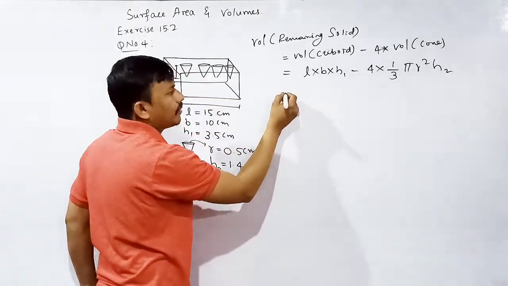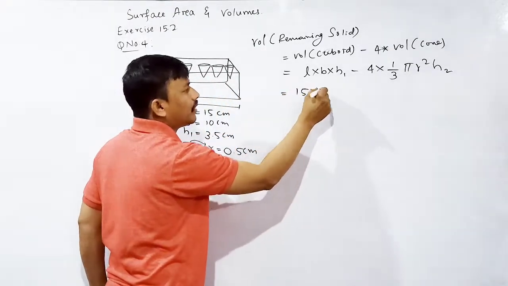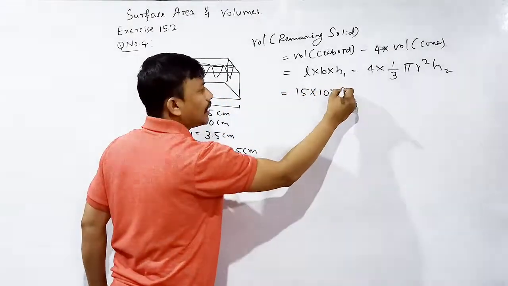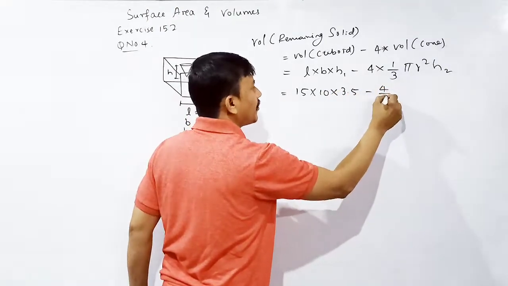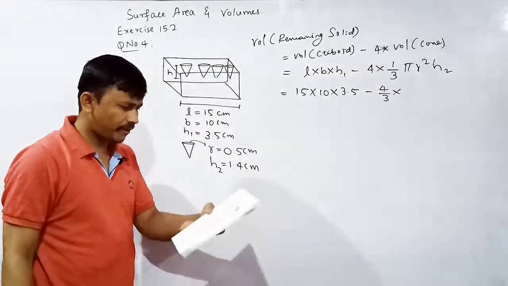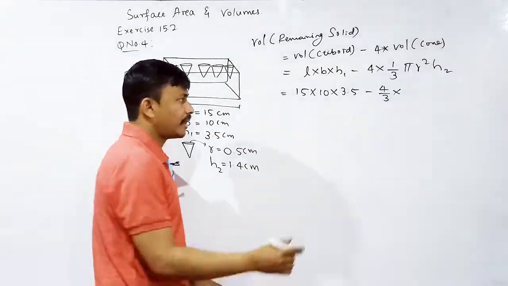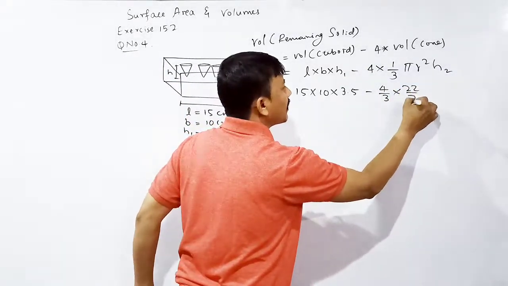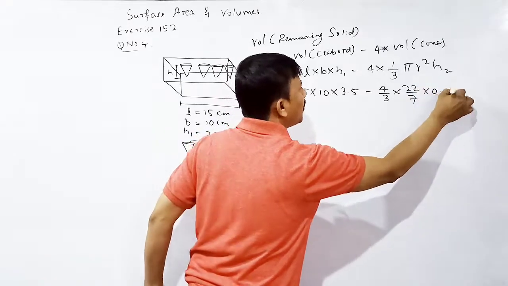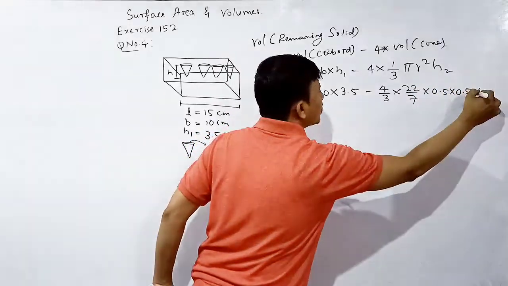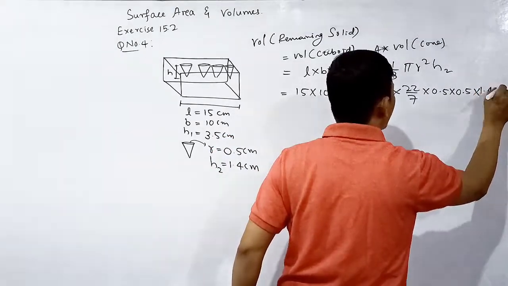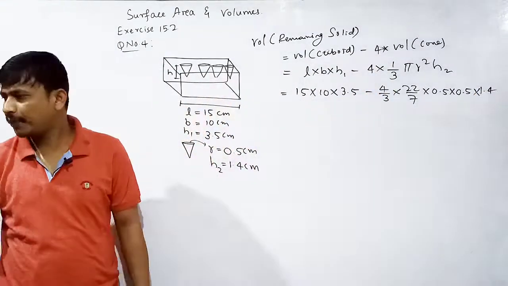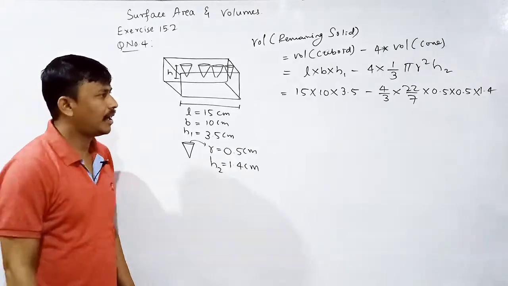What is the value of length? 15 into 10 into 3.5 minus 4 divided by 3 into pi value, which is 22 divided by 7. What is the radius? 0.5 into 0.5. What is the height of the cone? 1.4. Correct? 1.4 centimeter is the height.